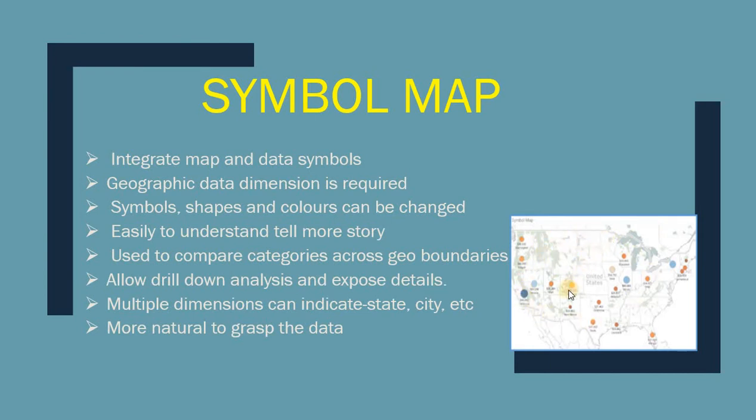The map symbols and colors can be changed as well, and are easily understandable, and we can tell more stories here because of the geographic presentation. Also we can compare data across categories and across geographic boundaries, as I said.